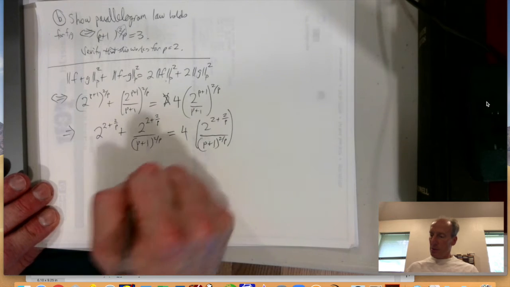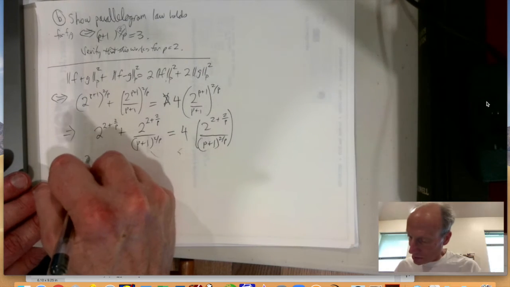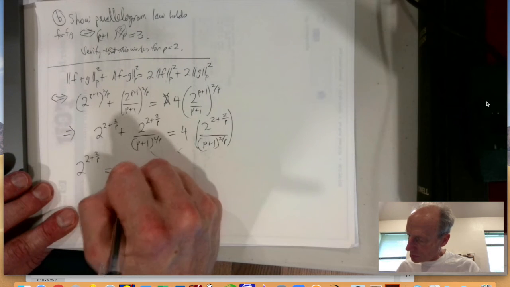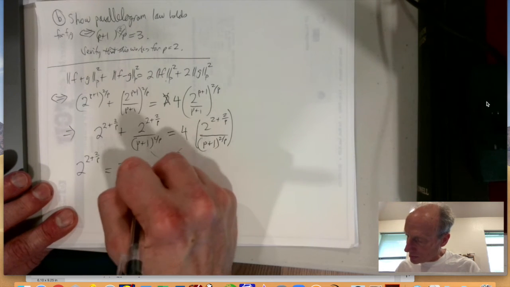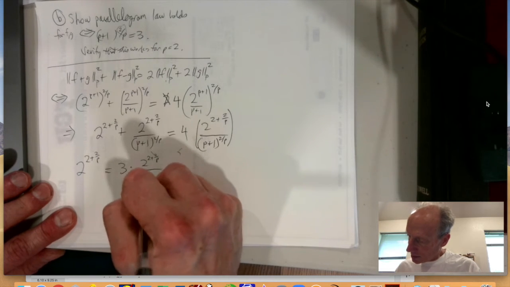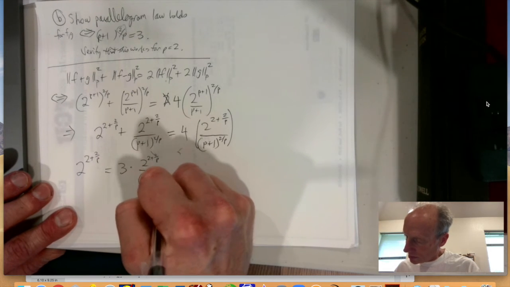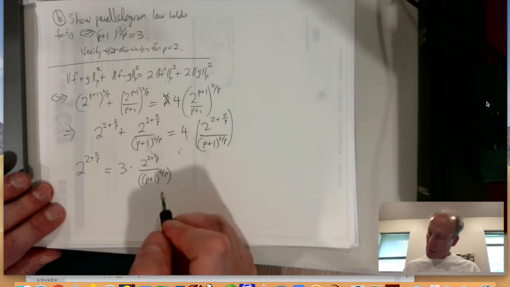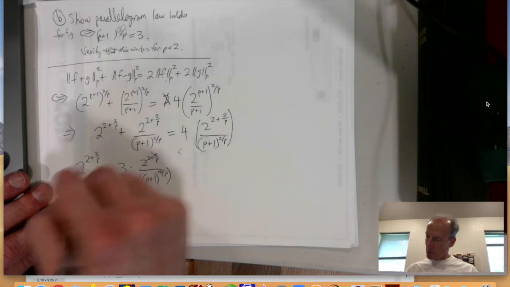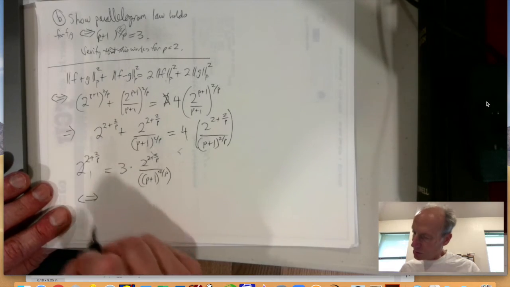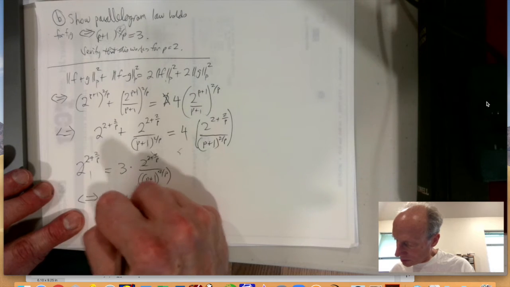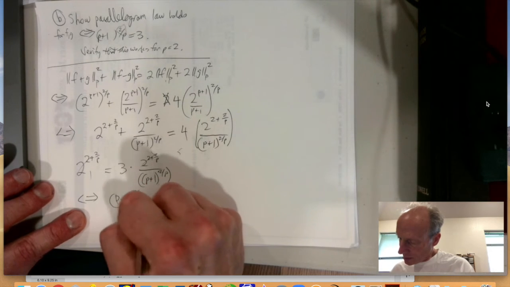And then let's bring that over there, and so we got 2 times 2 raised to the 2 plus 2 over p power is equal to 3 times 2 to the 2 plus 2 over p plus 1 to the 2 over p power. And see, those cancel, and you get 1. And this is true if and only if p plus 1 to the 2 over p equals 3.